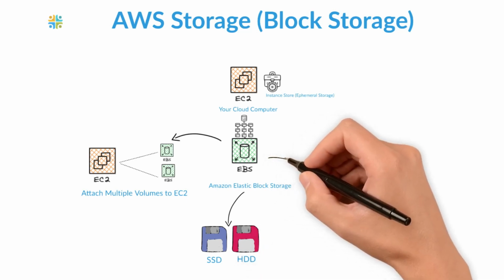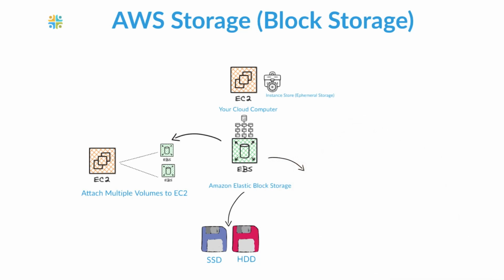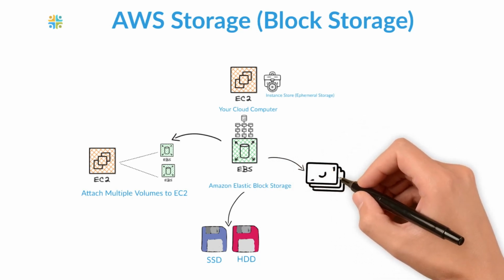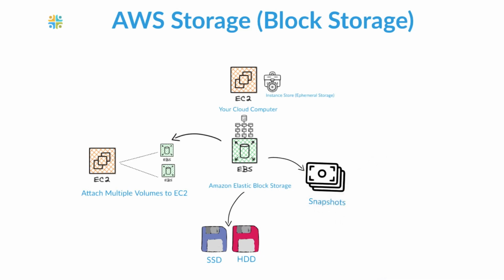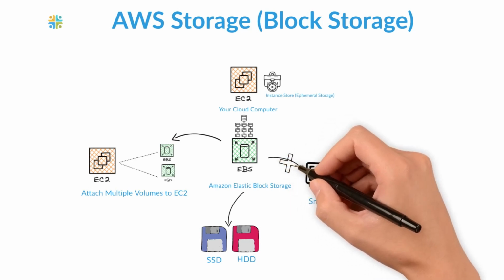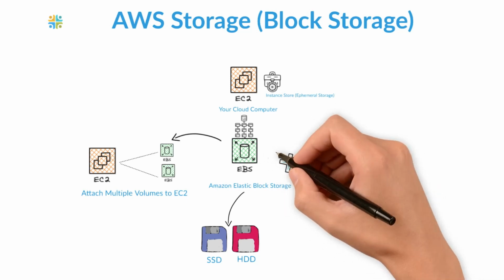You can also take a snapshot of your EBS volumes. So remember what happened when we turned our EC2 instances off and our data persisted in the EBS? Well, what happens if we shut down our EBS volumes? It turns out this is also rented.